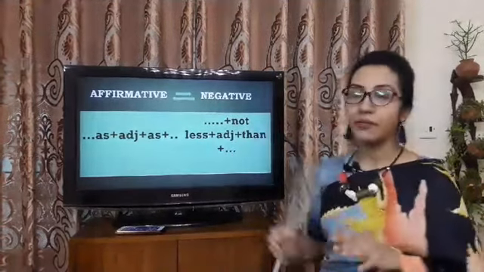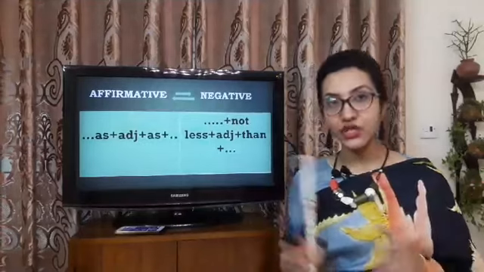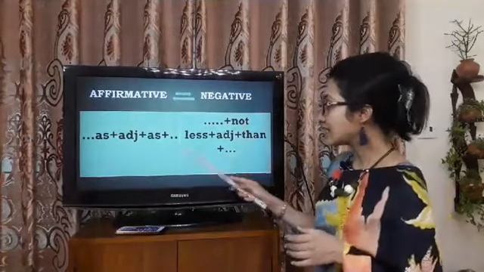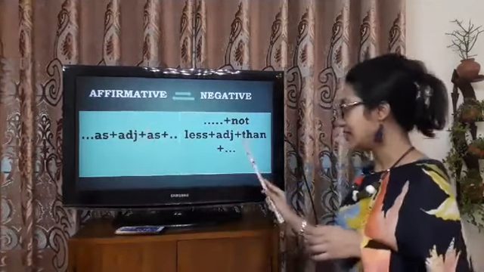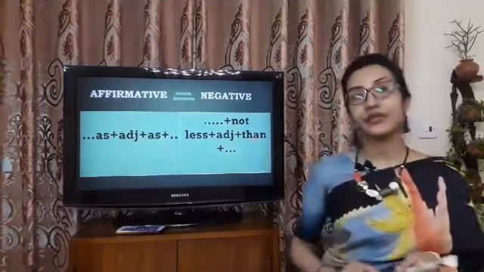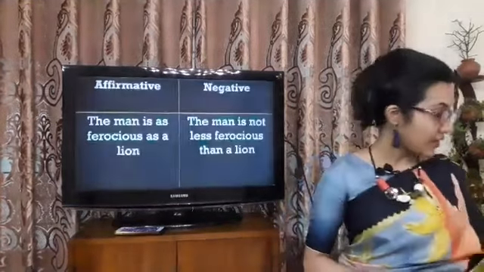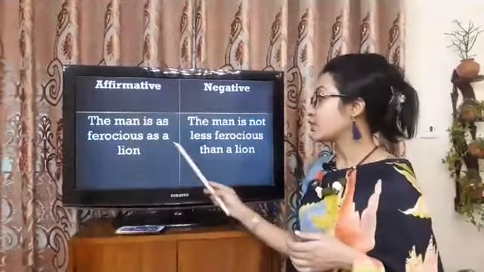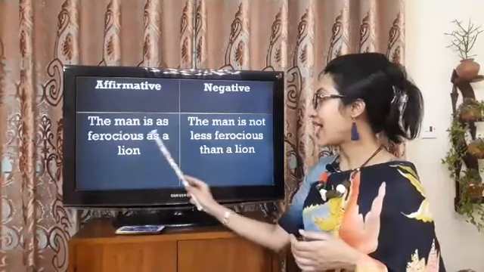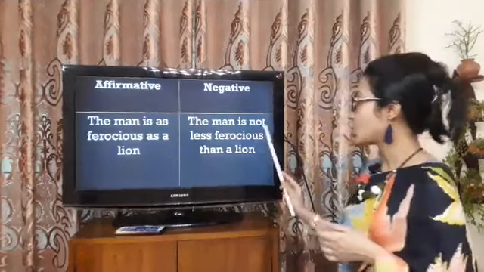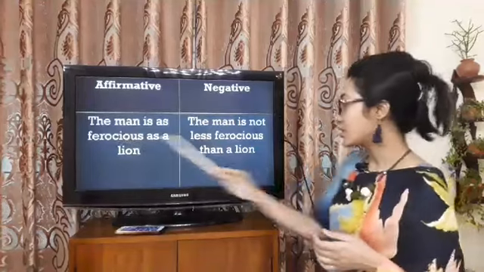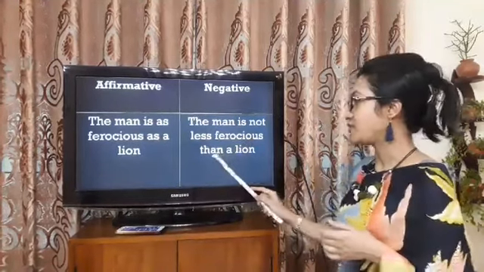So আমি সব কিছু সেমই রেখেছি, জাস্ট not less দিয়ে এই অ্যাডজেক্টিভটা লিখে দিয়ে than ইউজ করে দিয়েছি. Look at the example again, the man is as ferocious as a lion. As ডিলিট করে এই যে not less, অ্যাডজেক্টিভটা ferocious সেমই আছে, we have used than here.